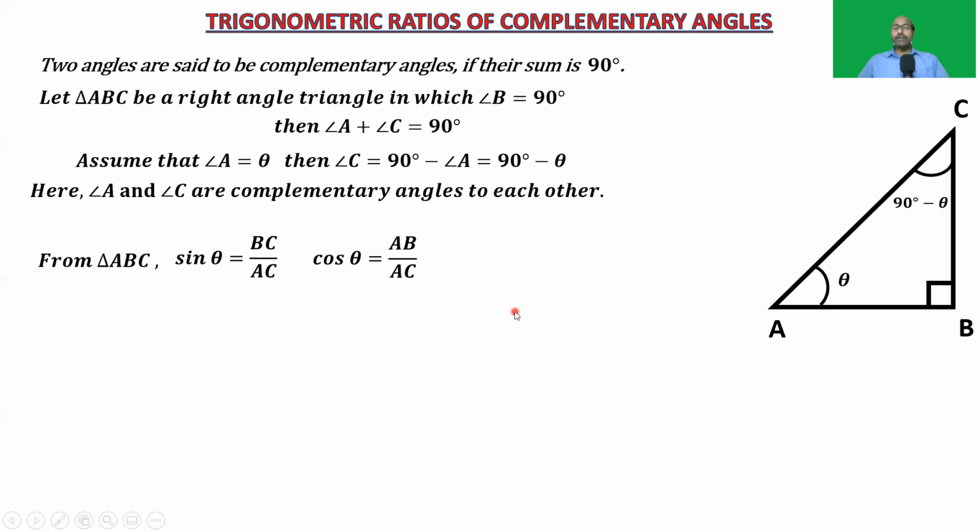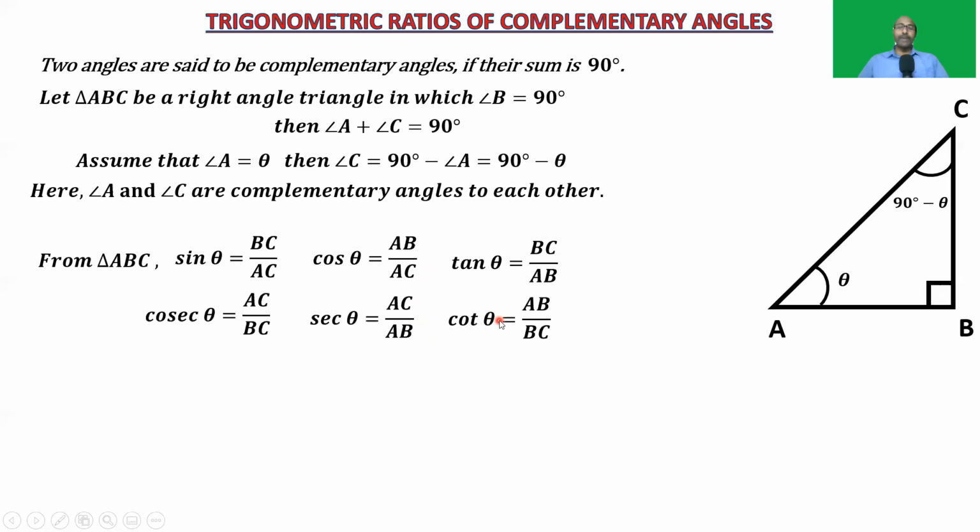Cos theta is equal to AB by AC, because adjacent by hypotenuse. Tan theta is equal to opposite by adjacent, which is BC by AB. Cosec theta is the inverse of sin theta, that is AC by BC. Sec theta is equal to AC by AB. Cot theta is equal to AB by BC.